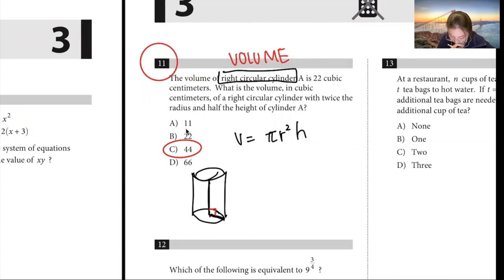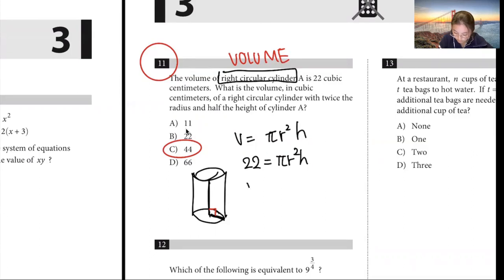And we know that the volume is 22 cubic centimeters. And since cubic centimeters is consistent throughout the information we're given, we don't need to deal with that. So we only know this.